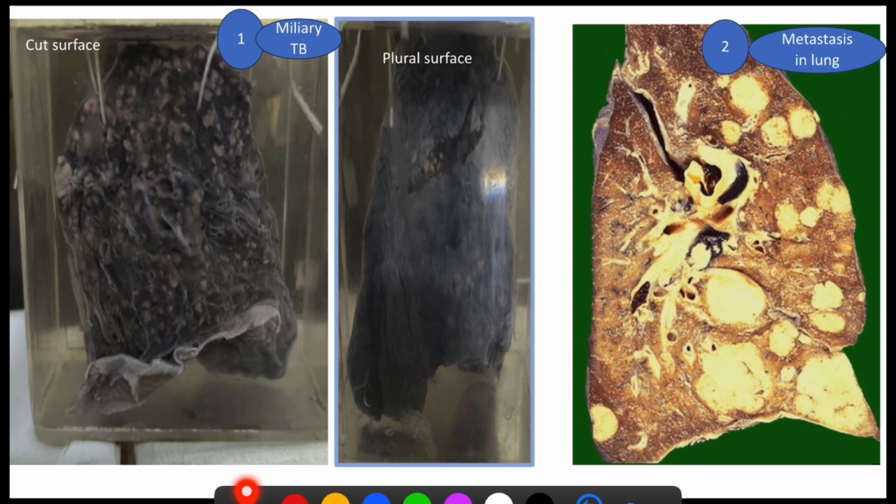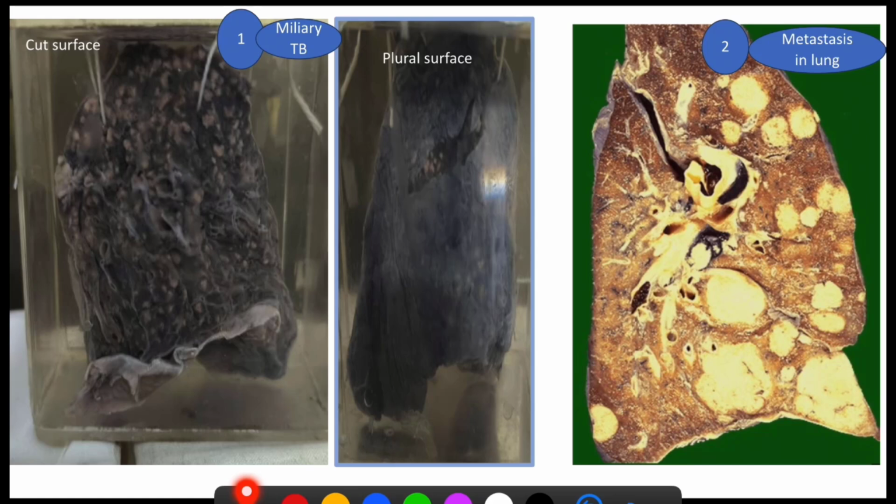Millet means small tiny grains, having whitish caseating material. In the second specimen, you can see whitish solid areas varying in size and shape, but large compared to the caseous nodules.